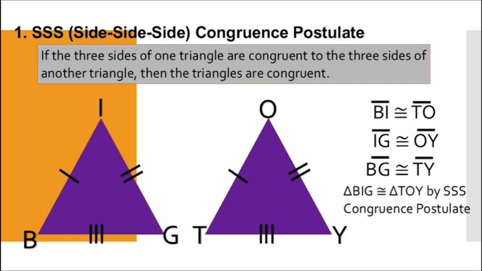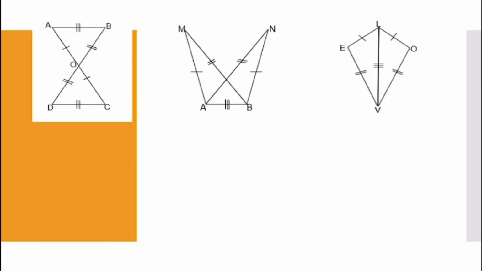Then, triangle BIG is congruent to triangle TOY by the SSS congruence postulate. In the figure on the slide, corresponding congruent parts are marked to show that the two triangles are congruent by the SSS congruence postulate.